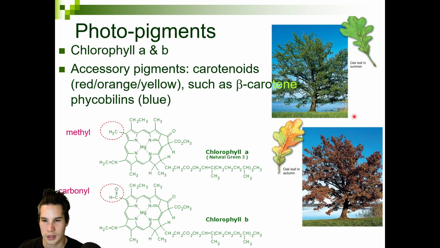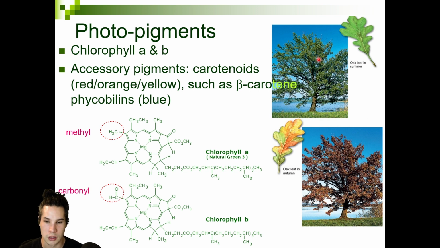Chlorophyll B is very close to chlorophyll A in that it absorbs most wavelengths except for green, though it's slightly different. Now, when you get the changes in leaf color with the changes in seasons, your leaves have a storage of an array of different photopigments: chlorophyll A, chlorophyll B, many different types of carotenoids. The sheer abundance of chlorophyll A is what makes the leaves green, that and the similar properties of the other photopigments.